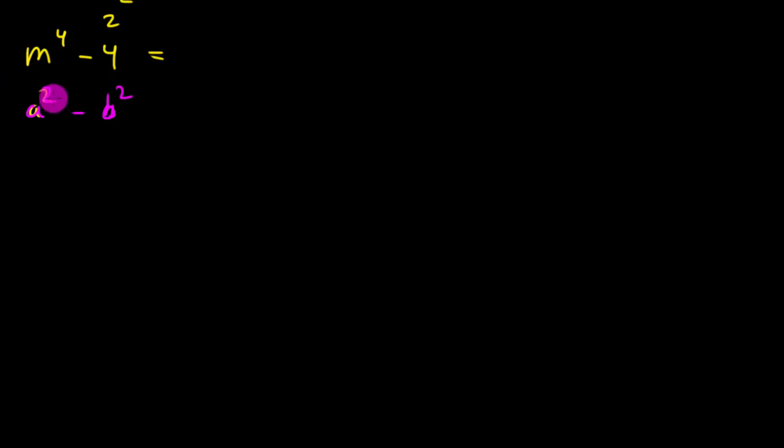The idea is you should only have a square here. It doesn't matter which a you have. The only thing, the overall power should be 2. So m to the 4 you can write as m squared times m squared. So minus 2 to the power of 2.